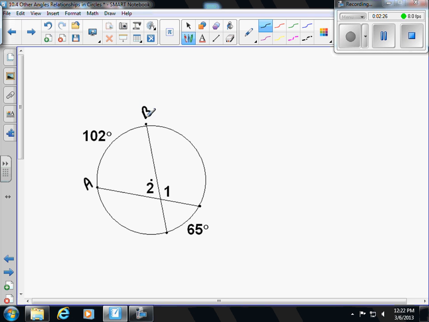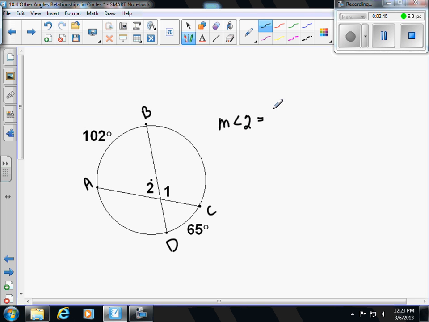Let's label our points A, B, C, and D. We don't know the measures of arcs BC or AD, but we do know the measure of arcs AB and DC, which are associated with angle 2. So we'll use this formula.